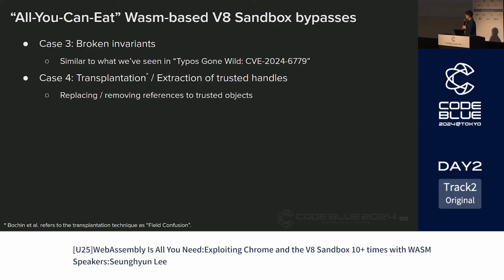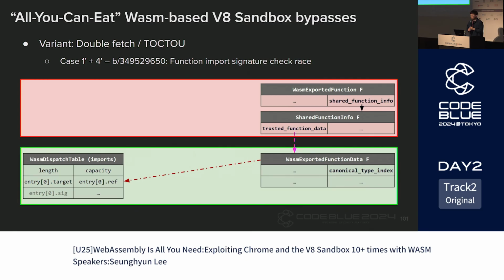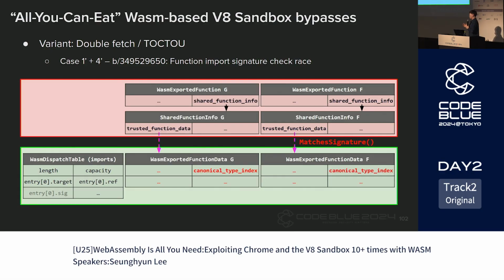We can also augment all of these cases with the double fetch technique. In this case, we're reintroducing the signature confusion bug, but now we're importing just a function. To import a function, we need to do the type checks. So we first do the type check. We check it by calling the matches signature function, which follows this chain into the trusted reference.